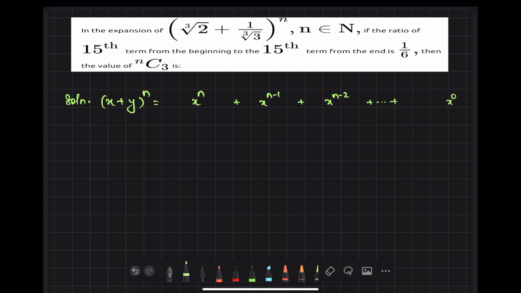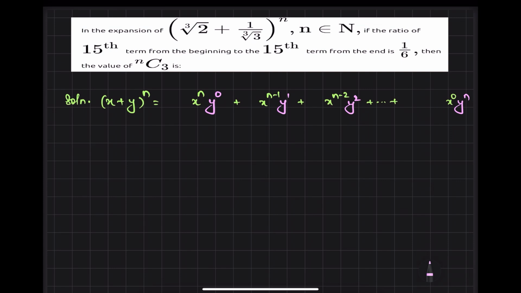Now you will introduce another variable y, which will carry the minimum power, and you keep increasing the power of y till you get y power n.